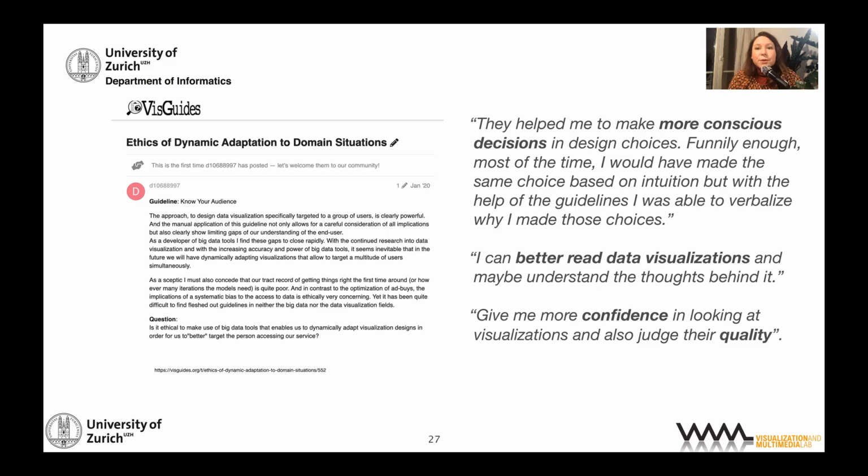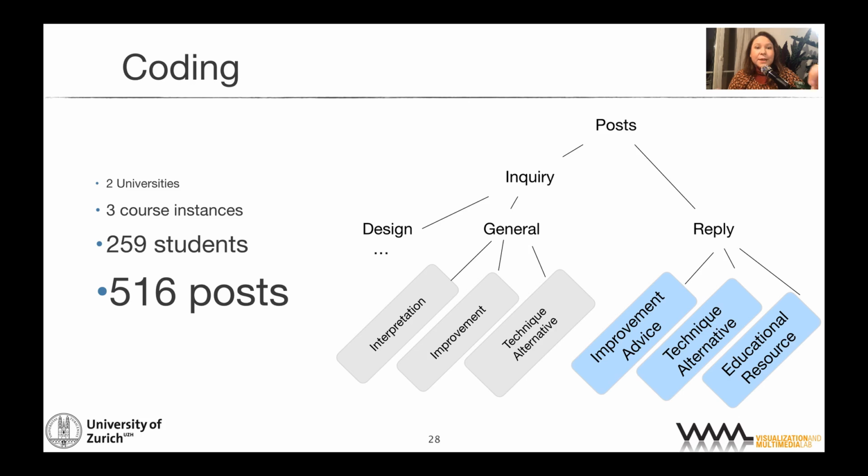We wanted to dig further into the data, so we coded the purpose of the posts and replies into 2 dimensions. One is inquiries and the other replies, to capture both behaviors. For the inquiries, we defined a first categorization that separates the inquiries into general and visual design.